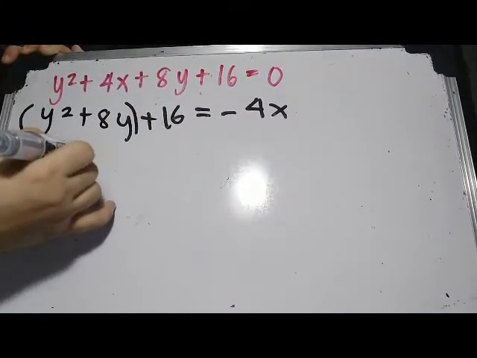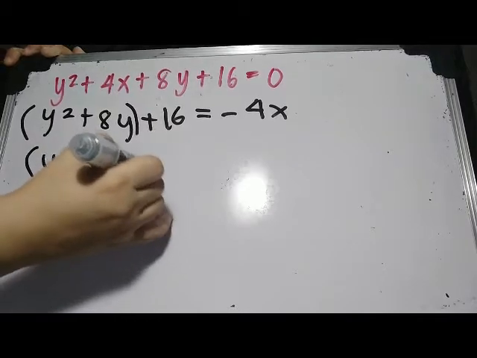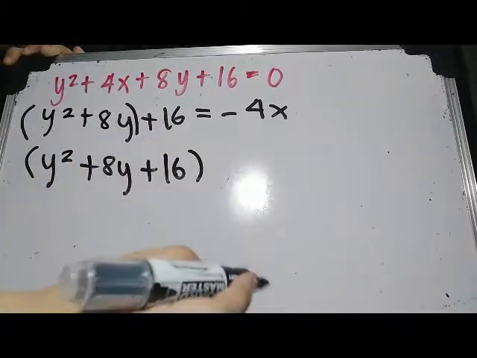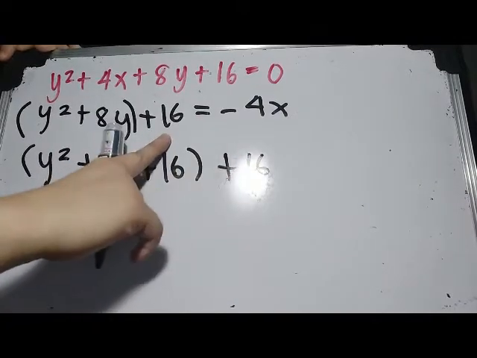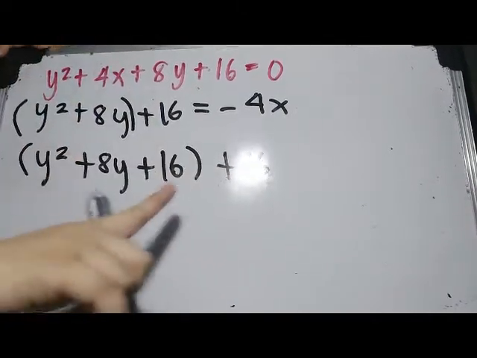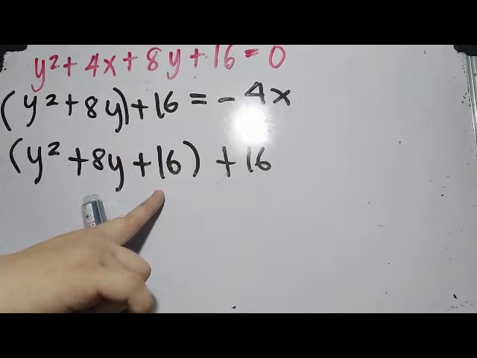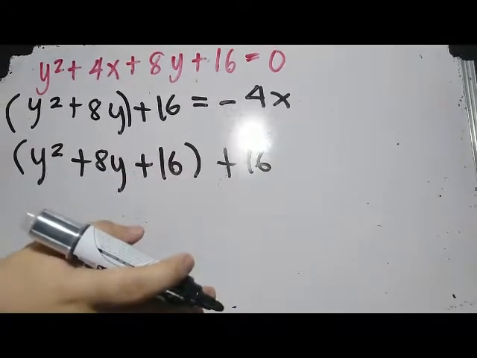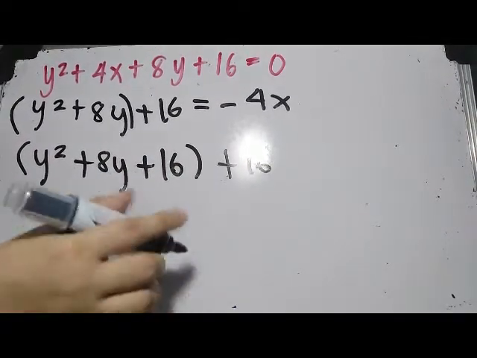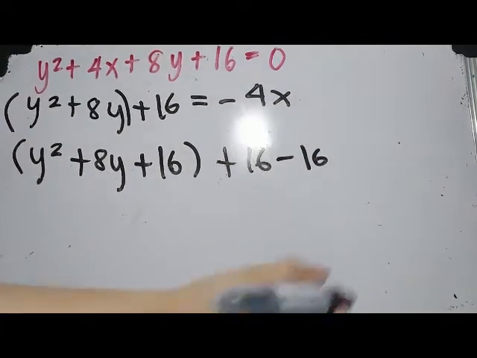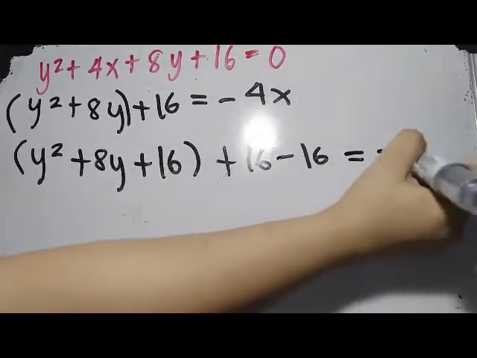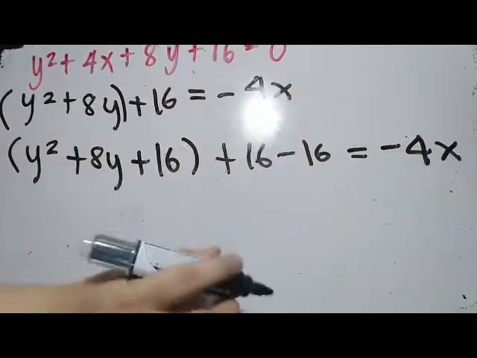So we'll have y squared plus 8y plus 16, and then copy the 16 right here. We know that we added 16 inside of the parentheses, and we cannot change the value of the equation, so we need to subtract 16 outside of the parentheses, and then equal to negative 4x.